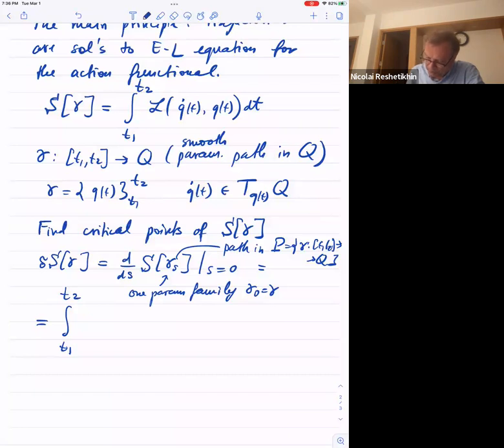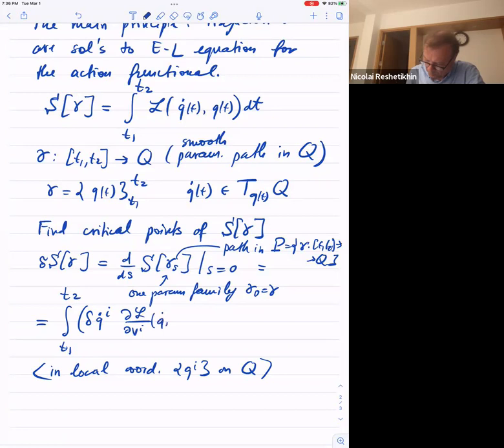In terms of coordinates, here I will write it in local coordinates q^i on Q. So this will be delta q dot i ∂L/∂v^i (q, q dot) plus delta q^i ∂L/∂q^i (q, q dot). L is a function of the tangent vector and q.